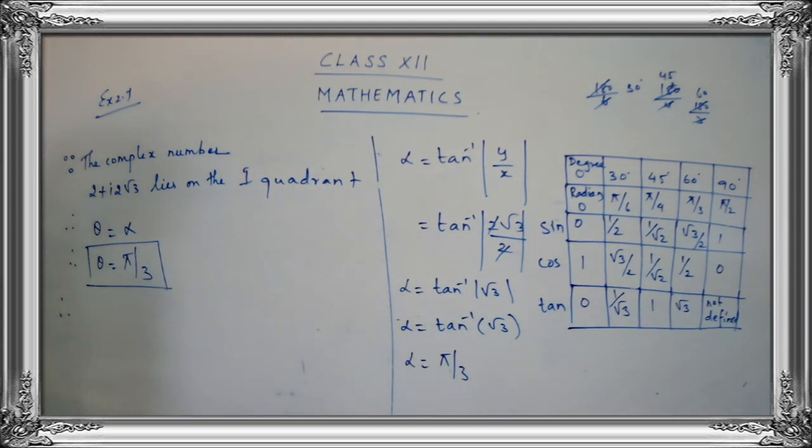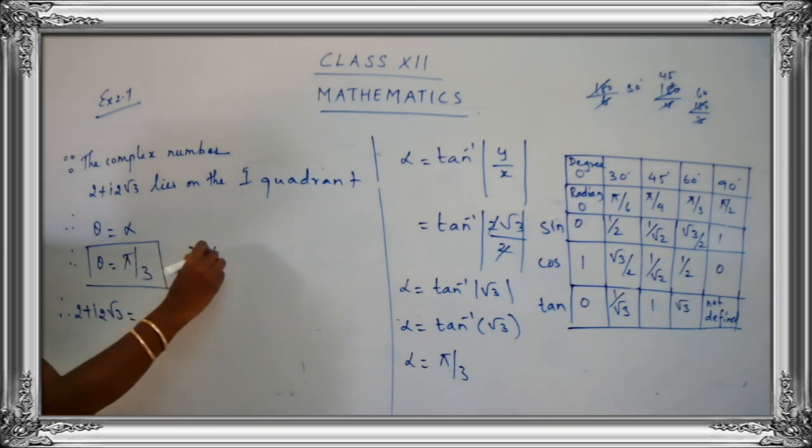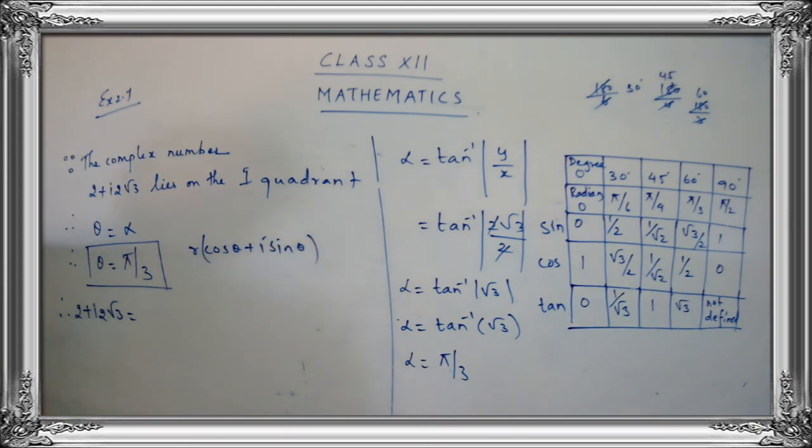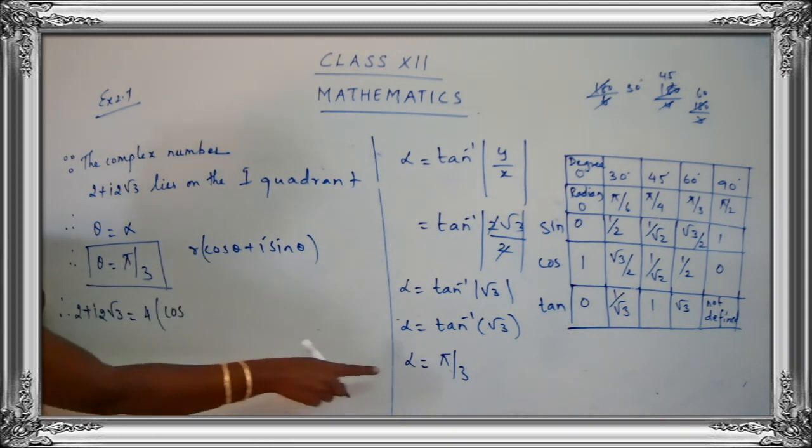Therefore, 2 plus i 2 root 3 is equal to r times cos theta plus i sin theta. Yes, children, this was the polar form. So this is r. What is the value for r? We got r as 4, cos theta. What is theta? Pi by 3. Do not get confused.